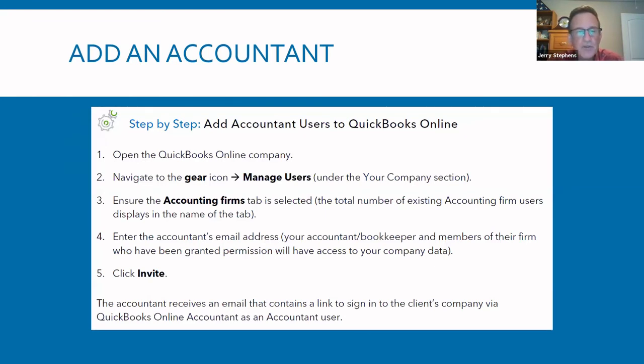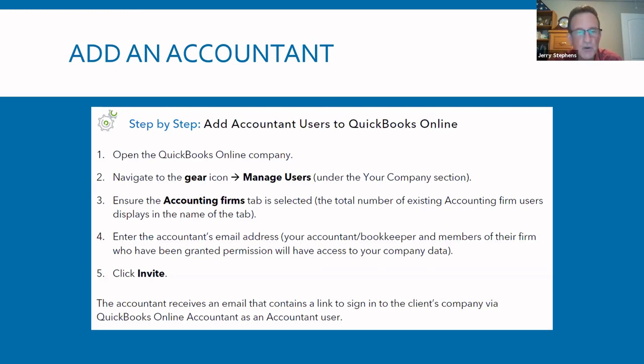If you choose to have an accounting firm or a bookkeeper, a virtual bookkeeper for example, do your bookkeeping for you, there's the ability within QuickBooks to invite an accountant to have access to your books. That's how you would give them permission to come in and do the bookkeeping for you.